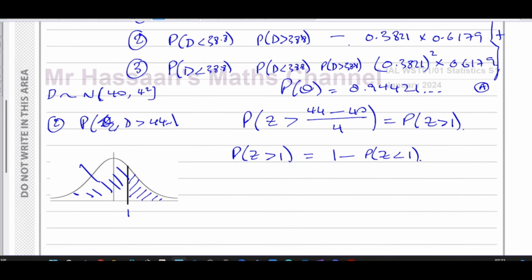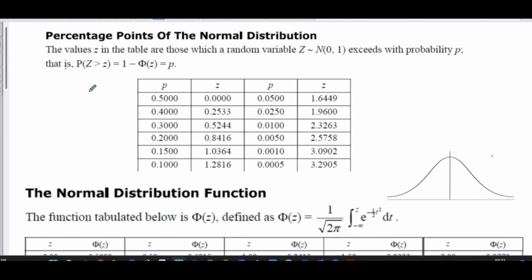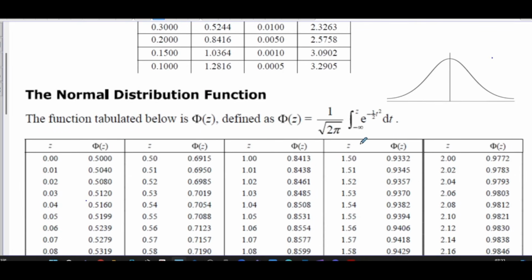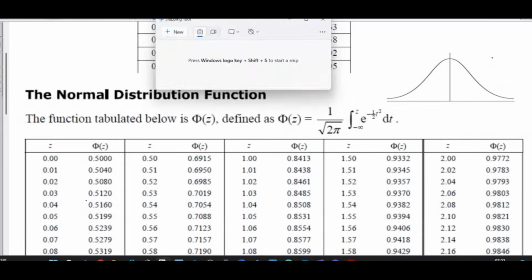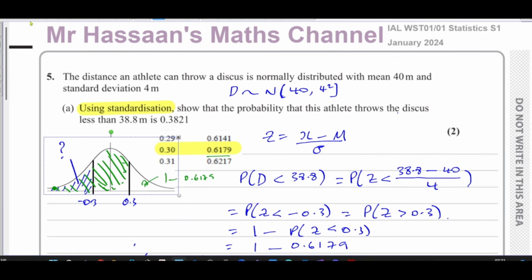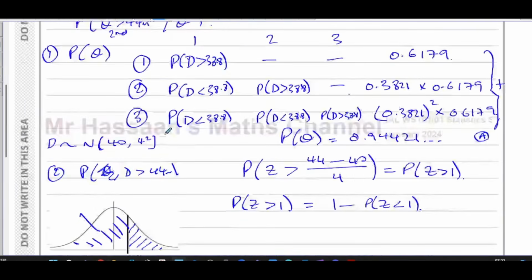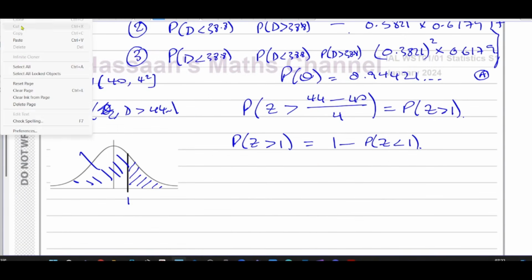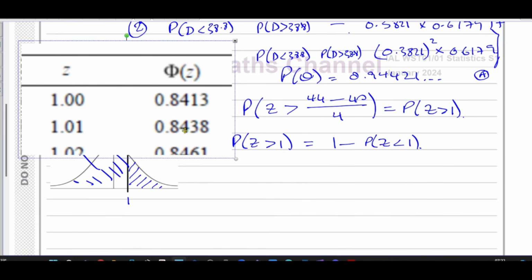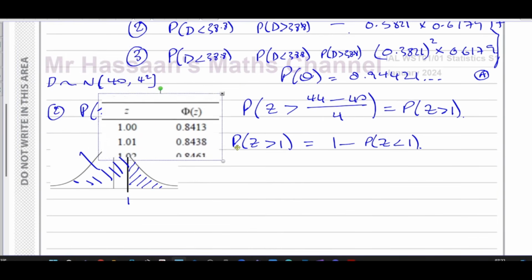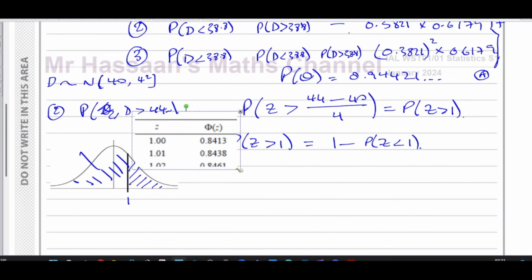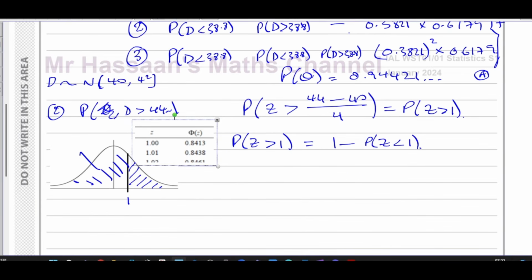So if we go back to that table and look for Z equals 1, we've got it here, 0.8413.